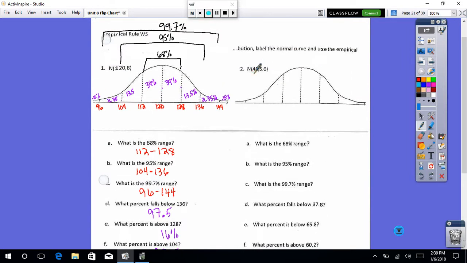My average is a 49. My standard deviation is 5.6, so I'm going to add 5.6 with every step I take to the right.